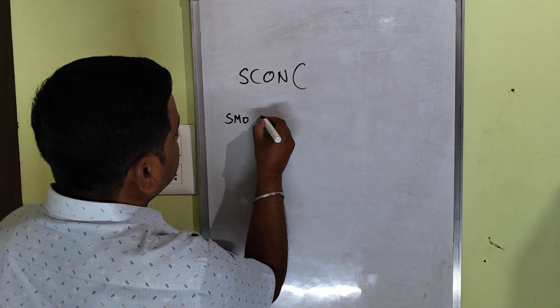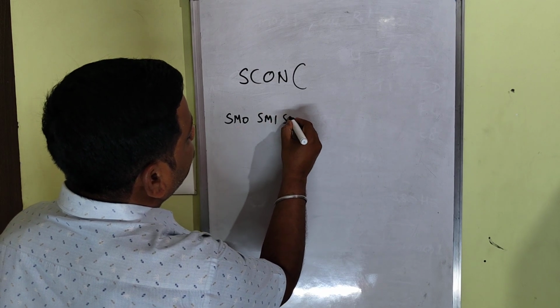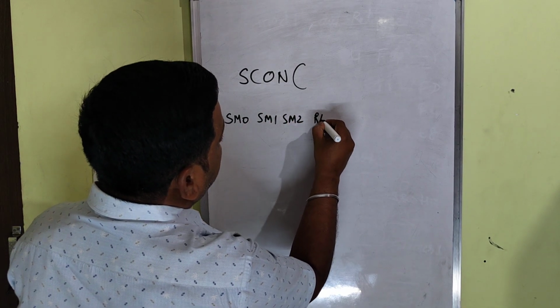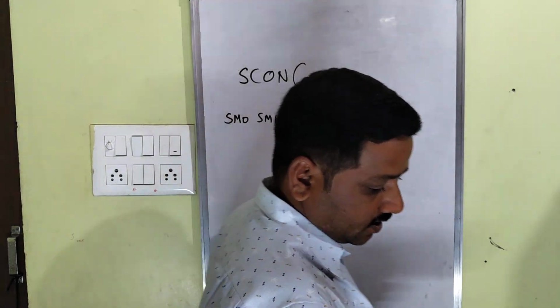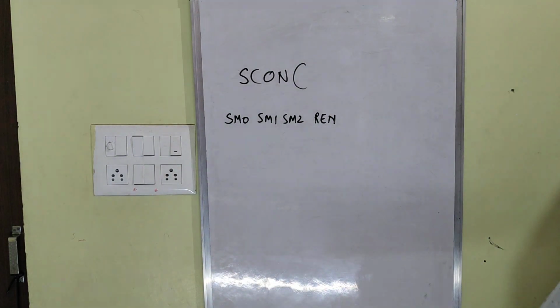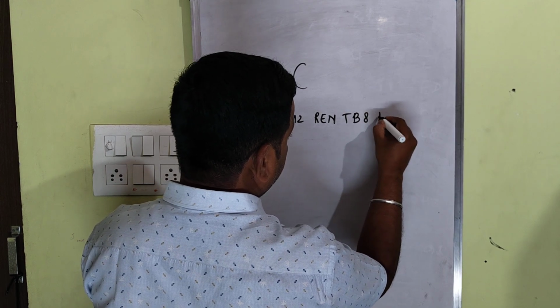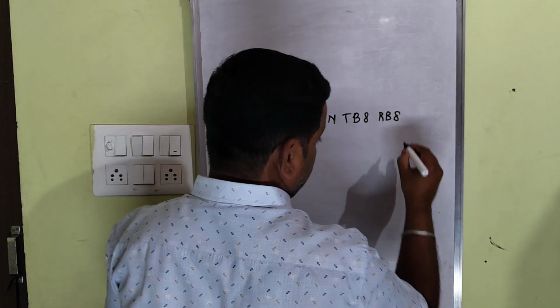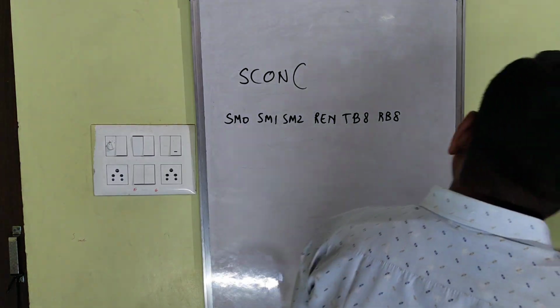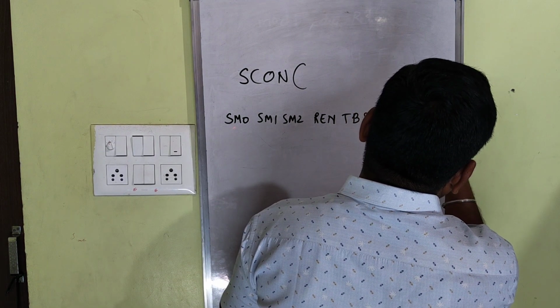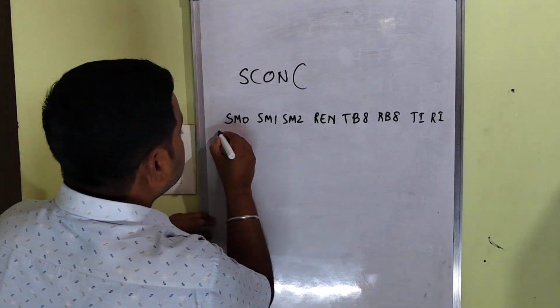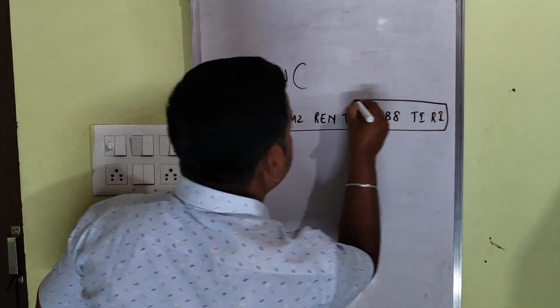So let me write it like this: SM0, SM1, SM2, REN, after that we have TB8, RB8, TI and RI. So these are the 8 bits.